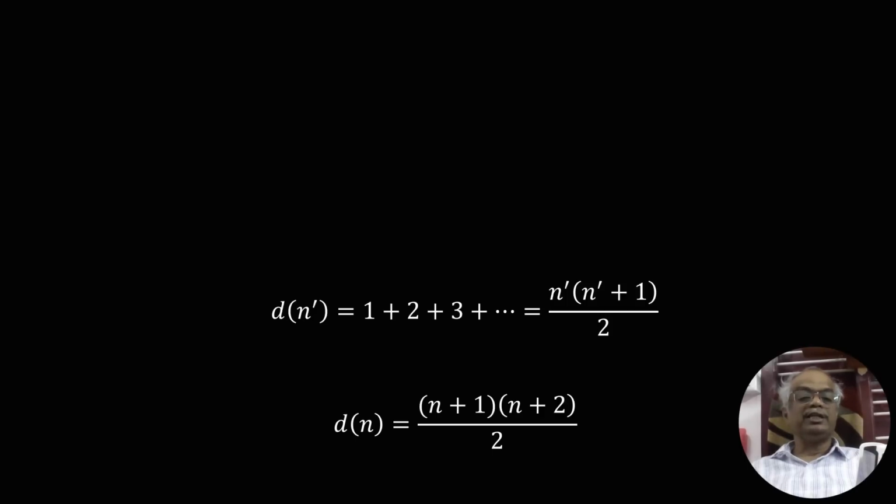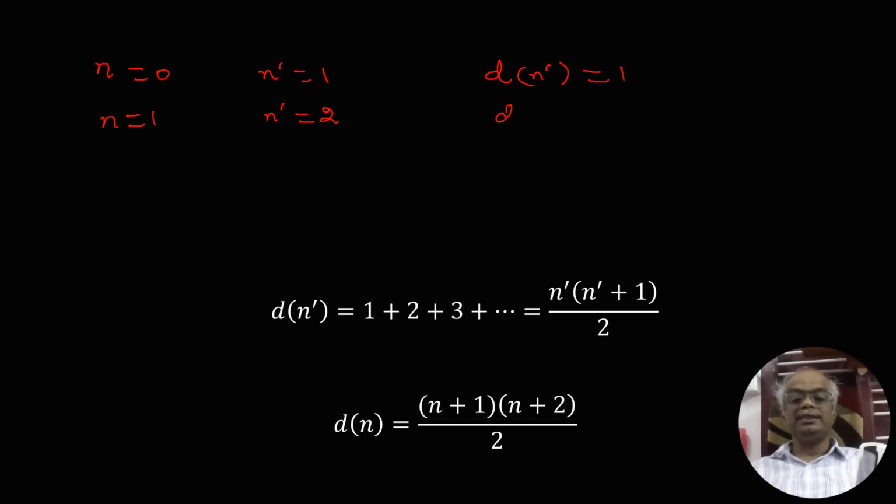So we got when n equal to 0, n prime is equal to 1. So the number of degeneracy, that is Tn prime, we will see, is equal to 1. When n equal to 1 we have seen, in that case n prime is equal to 2.